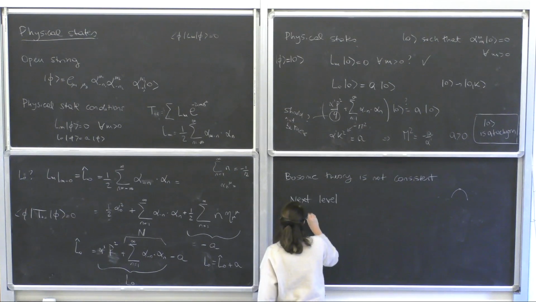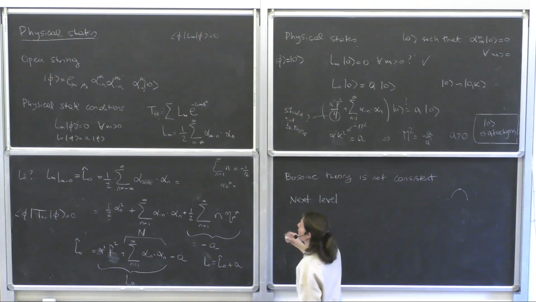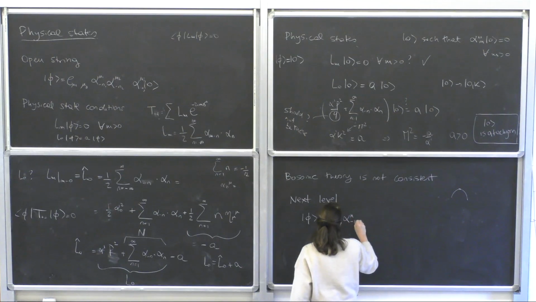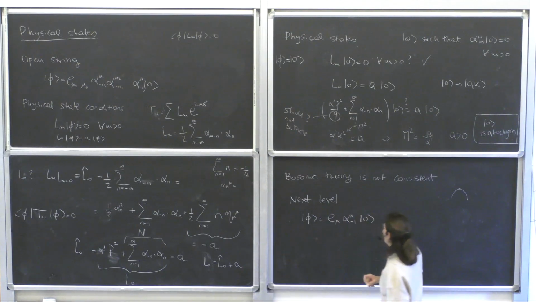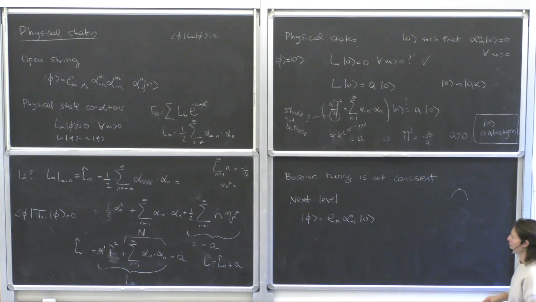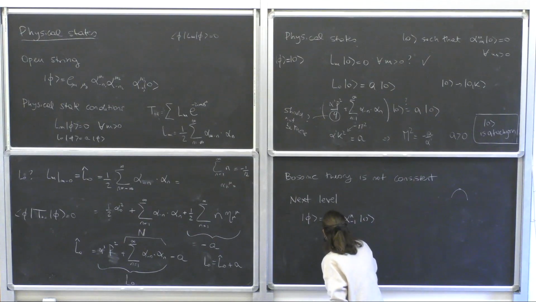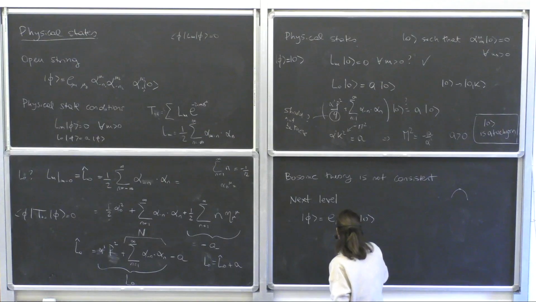So I just put one oscillator with -1, the lowest oscillation number I can put. So now Lm, or let me first do L0.